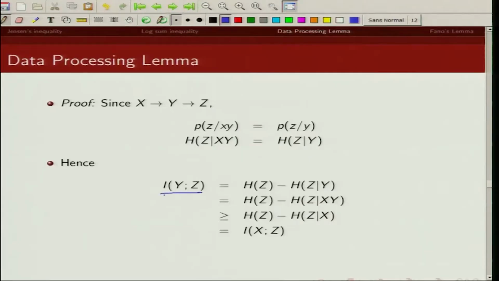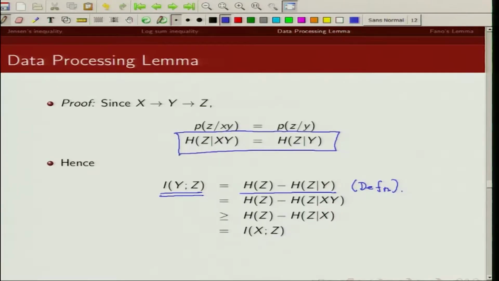So let us write down the mutual information between Y and Z. Following the definition of mutual information, this follows from the definition, I can write mutual information as H of Z minus H of Z given Y. Now from this, I know H of Z given Y is the same as H of Z given X and Y. So I replace this by the uncertainty in Z given XY.